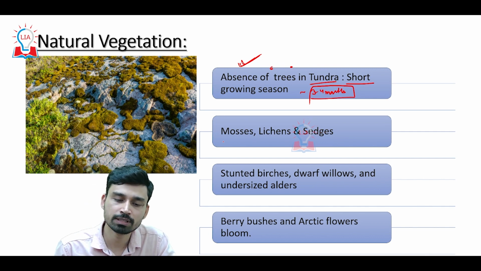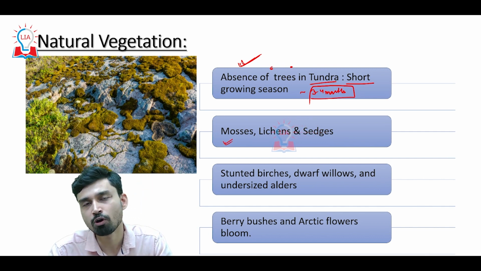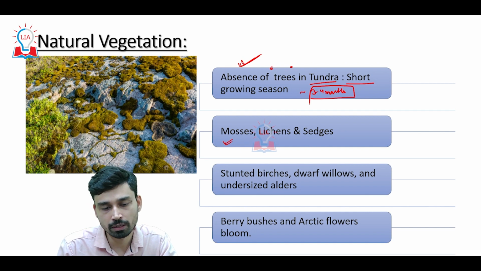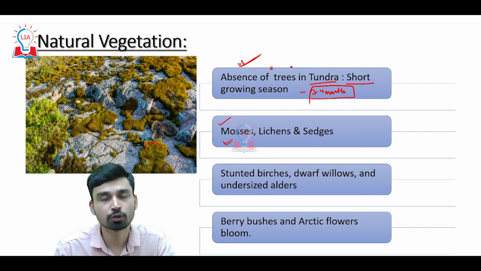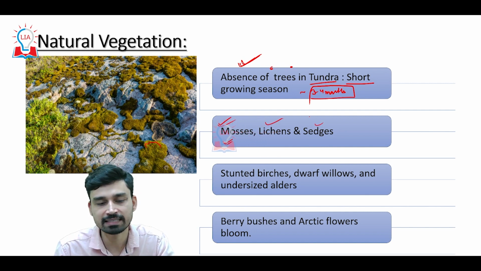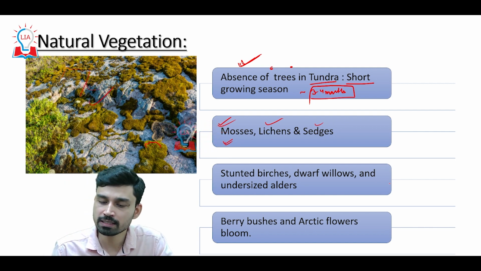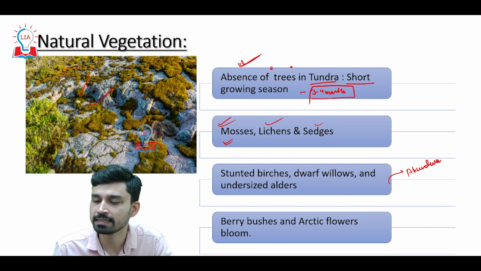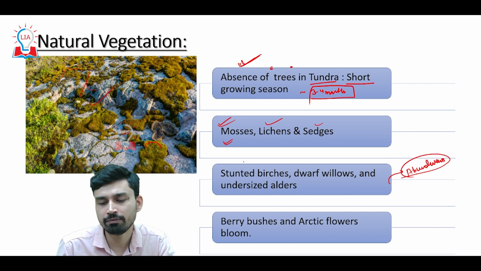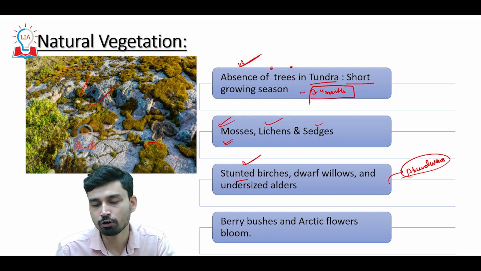However, the surface of this region is covered by short vegetation such as mosses, lichens, and sedges, as we can see in this particular diagram. However, in those areas of this climate where abundant water bodies such as lakes and rivers are present, there we can see the survival of stunted, that means very short height, trees such as birch tree and dwarf willows.